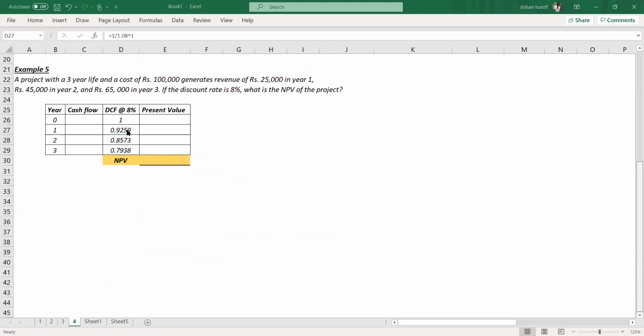You can take either 3 decimals or 4 decimals. Normally in our A-level, we take 3 decimals, 0.926.